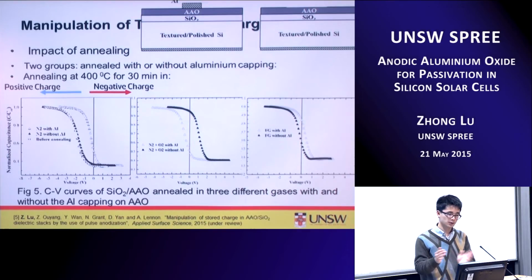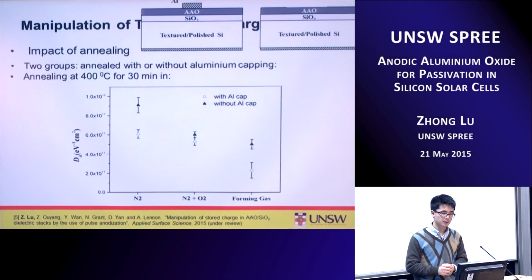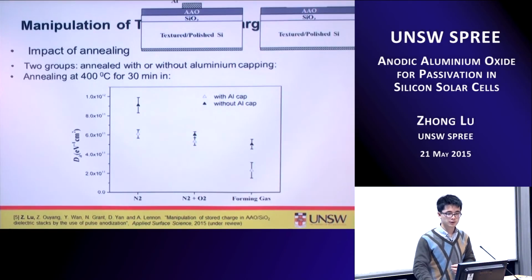In the forming gas, you also see this shift, which is probably due to the passivation of the interface defect. And here shows the interface defect density, the mid-gap Dit, after annealing for these two groups for different gases.